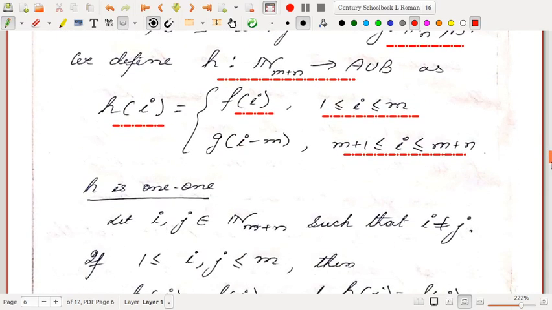So we show that h is 1-1 and onto, so it's a bijection. So we start with i and j inside N(m plus n) such that i and j are unequal.